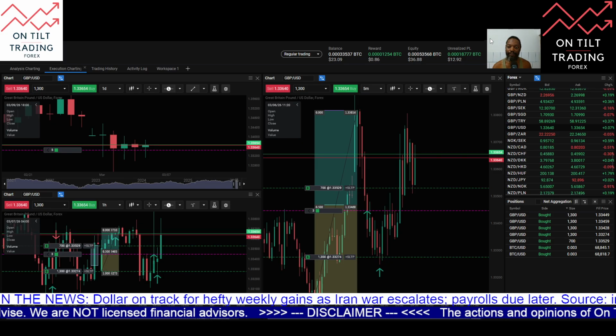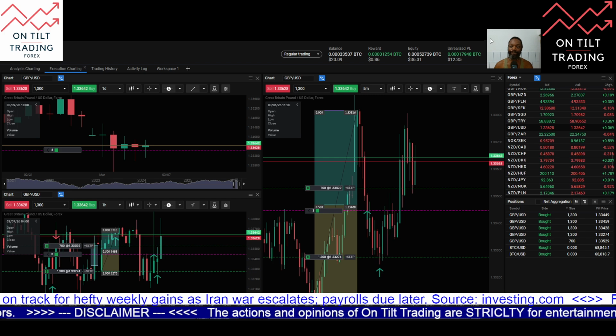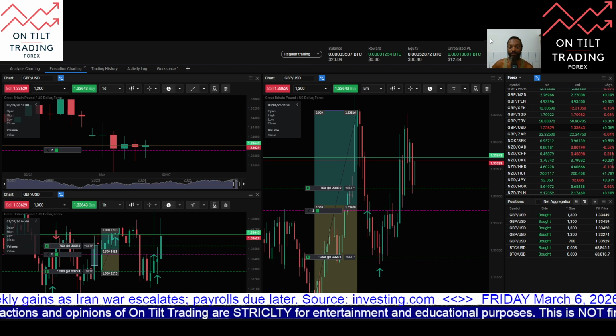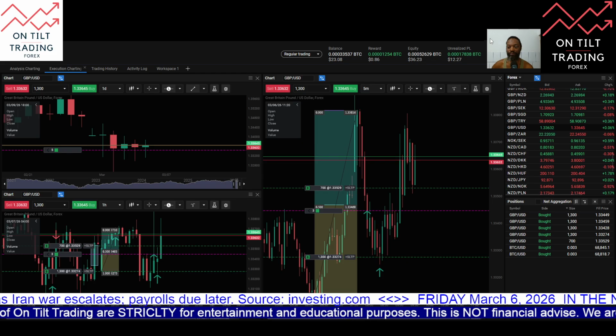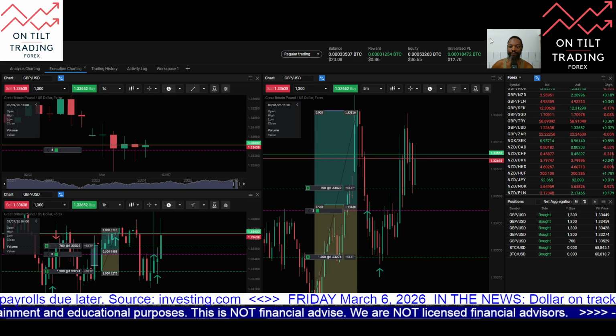Price still consolidating here. 133,630. $133,650, pulling back.